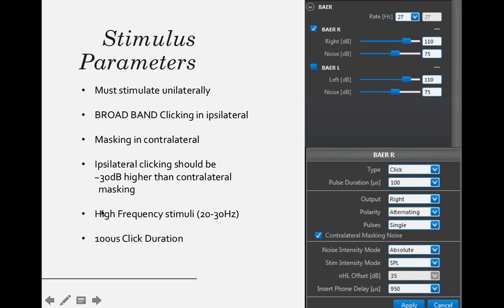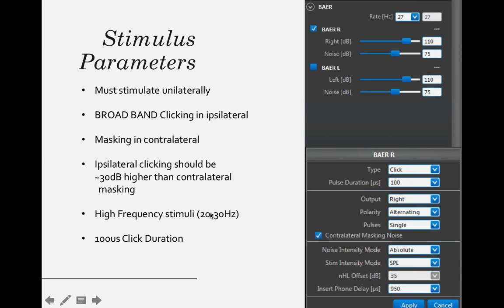And this is a very high frequency stimulus, between 20 and 30 hertz, 20 and 30 clicks per second, very fast. And the click duration is 100 microseconds. This is standard. Your frequency can be adjusted if you have any noise that's coming in, or if the patient has some sort of hearing deficiency.